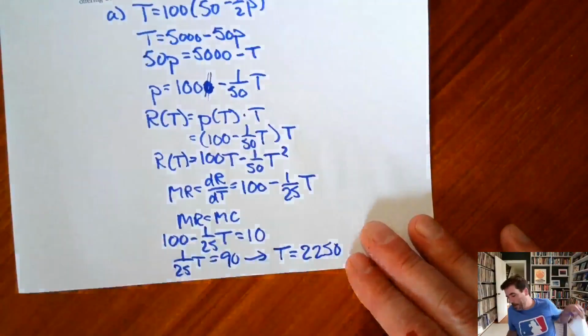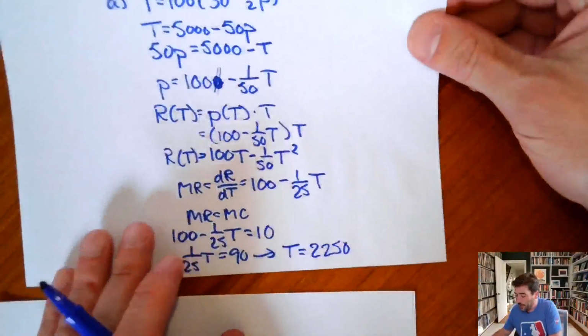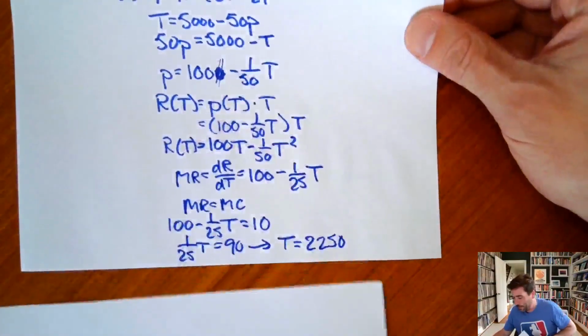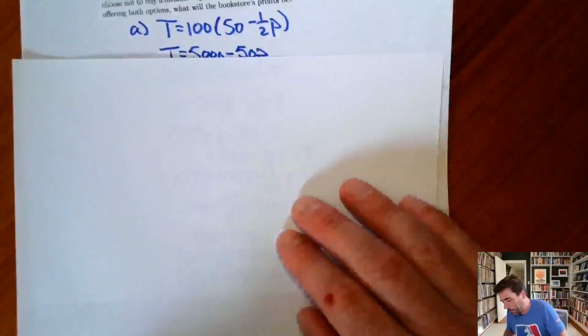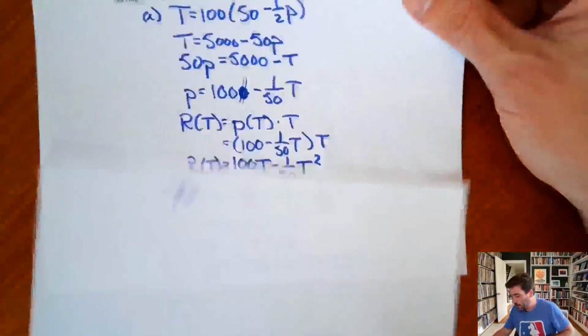Probably would have used a calculator for that. I've got that written down on the side to make life a little bit easier for me. So we now have that t is 2,250.